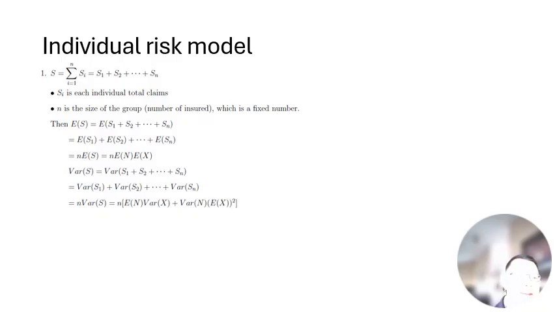Then n is the size of the group, or how many policyholders are in this group, which is a fixed number. Then the expected value of S is just the expected value of each individual Si summed up together. Then you get ES will be equal n times ESi. Then it's n times EN times EX. Variance of S will similarly be deduced as this.